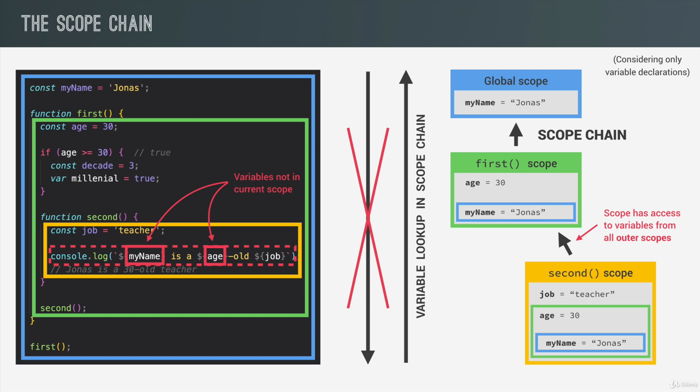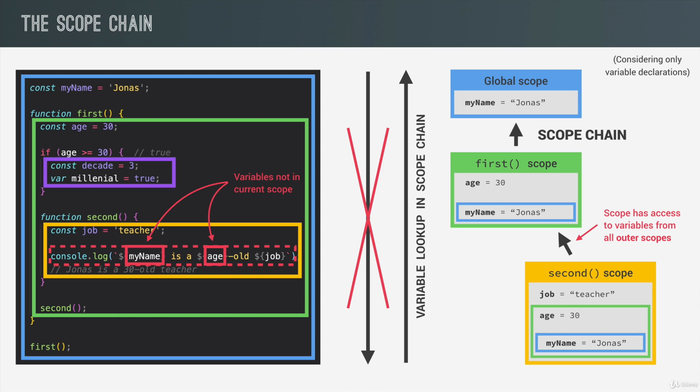Amazing, right? Anyway, we still have one more scope left here, and that's the one created by this block here. Remember that starting with ES6, not only functions create scopes, but also blocks. However, these scopes only work for the ES6 variable types, so for let and const variables.